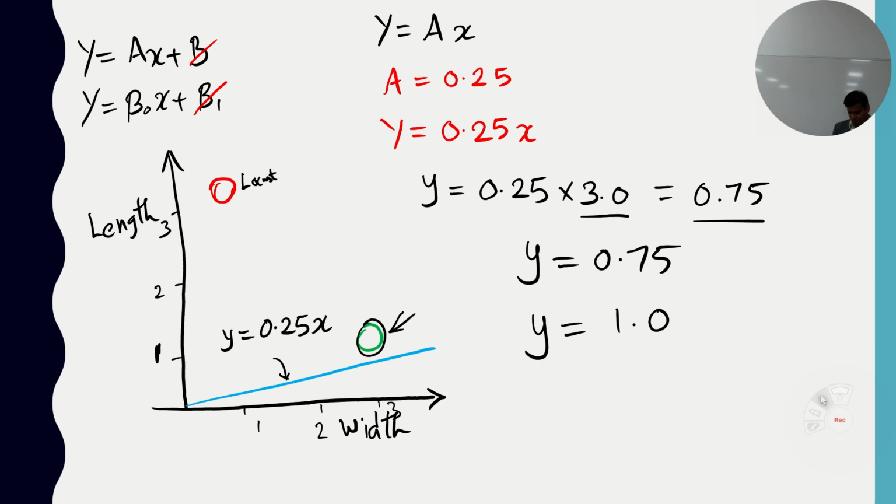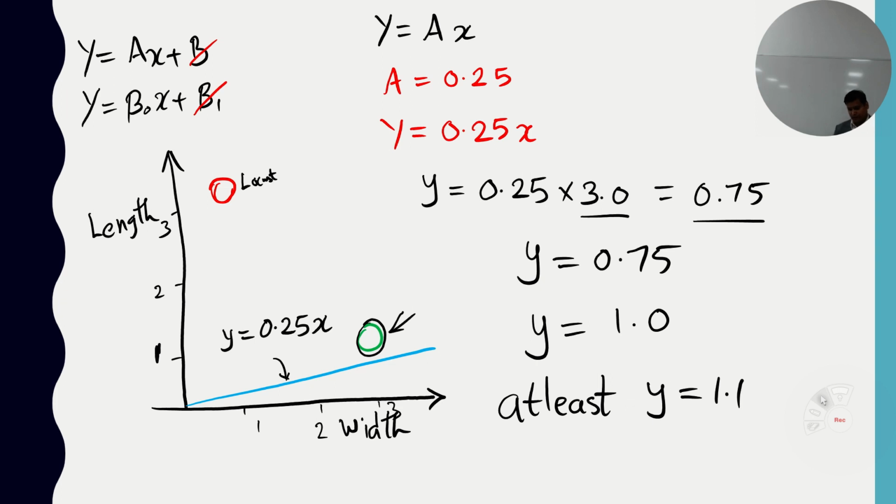If you want the line to be over this ladybird, we need at least y equals 1.1.